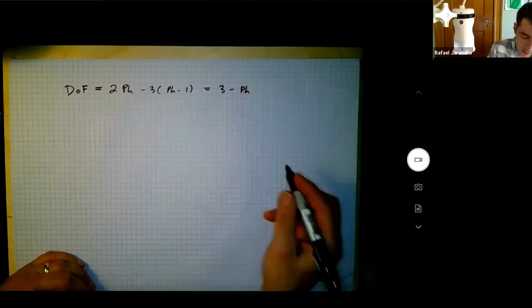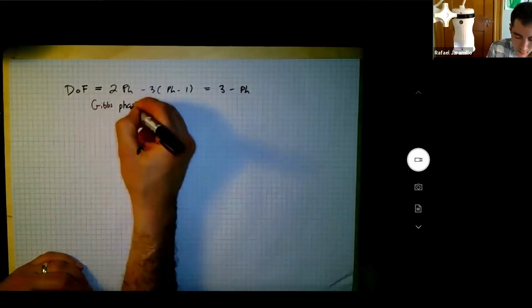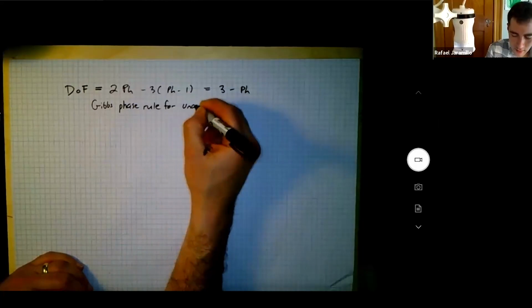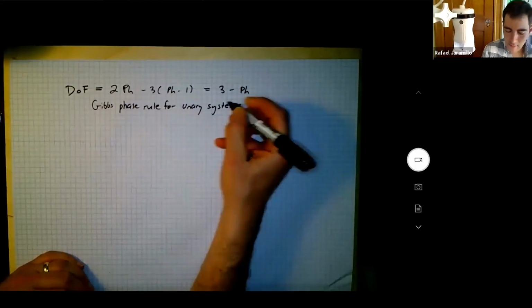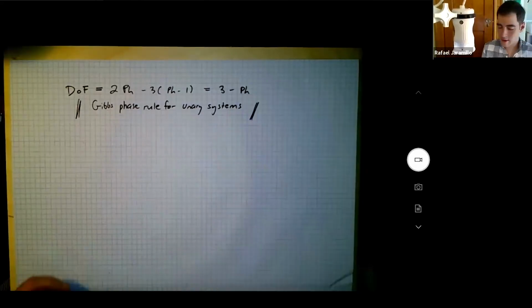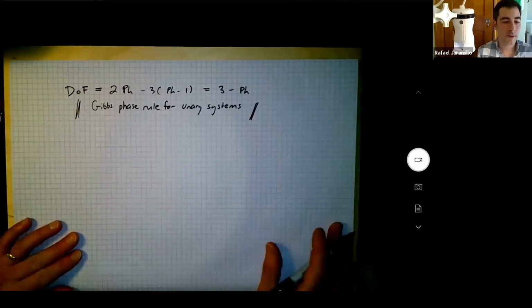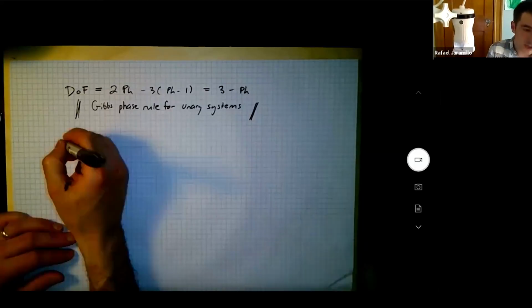This is Gibbs phase rule for unary systems. So this is skipping straight to the answer. It's more thoroughly developed in the text. What does this mean? That's what I want to get to. That's why I'm rushing ahead.